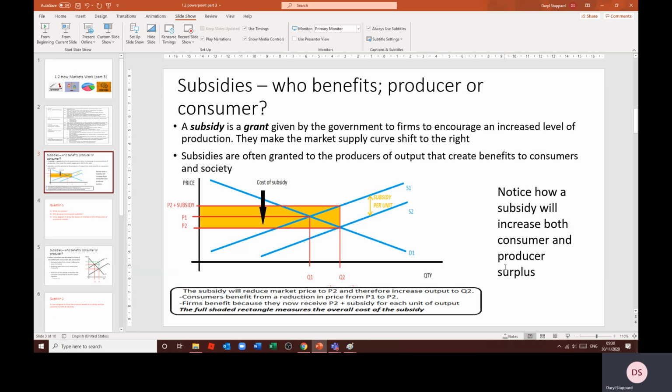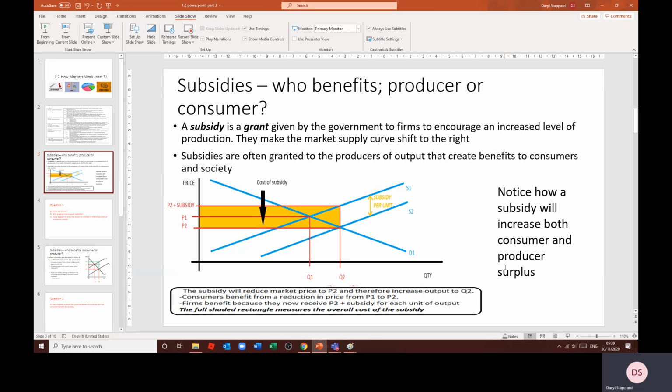So why do governments give subsidies to firms? Well, there's a few different possible reasons we can go for. It could just be that these particular products that we're subsidising could be deemed to be beneficial for society. So this could be things such as healthcare or education or public transport. So if you make these things cheaper, then you're going to get that extension in demand.